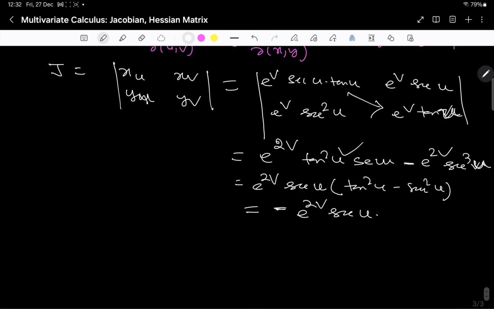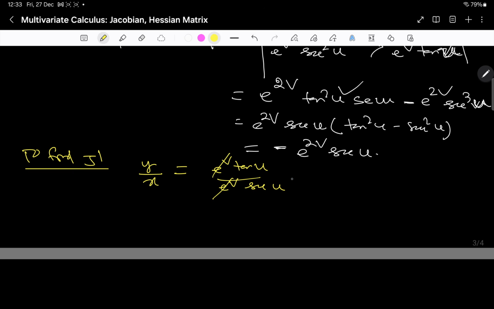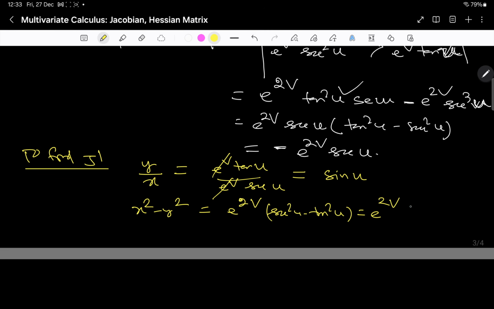Now what is Z dash? To find Z dash, what is y by x? y by x is e to the power v tan u by e to the power v sec u. The e to the power v cancels, and converting to sine and cos, it gives sine u. Similarly, x square minus y square will be e to the power 2v times sec square u minus tan square u, so it is e to the power 2v.